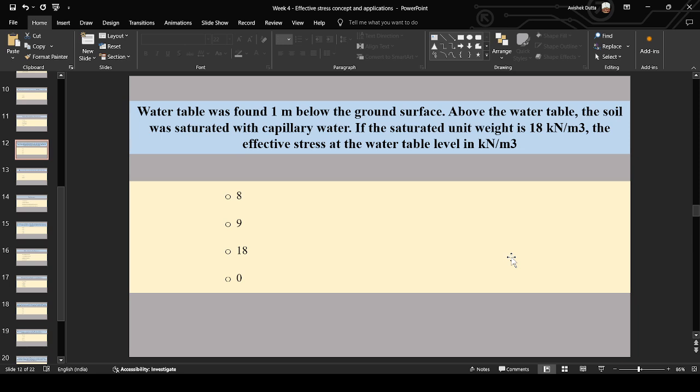Water table was found 1 meter below the ground surface. Above the water table, the soil was saturated with capillary water. If the saturated unit weight is 18 kilonewton per meter cube, the effective stress at water table level is.